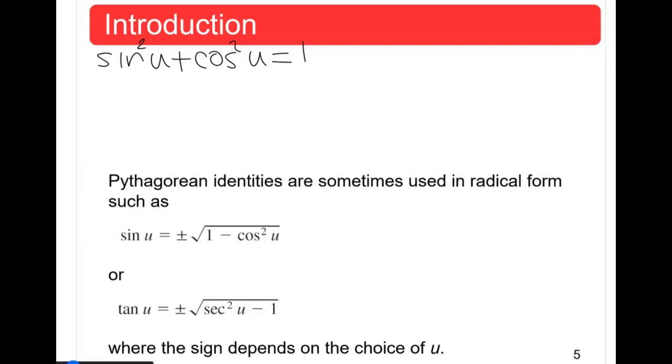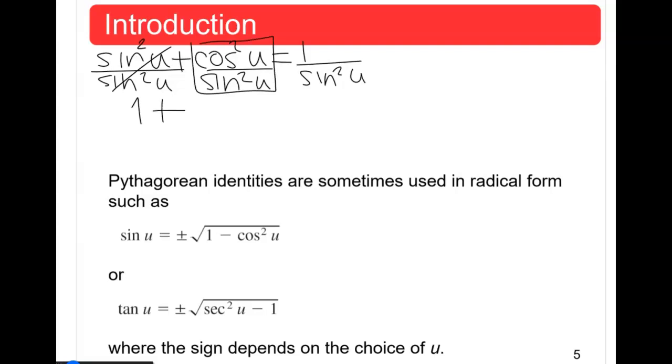And of course, if we divide everything by sine square of u, this one here will be a 1. Here, by using the quotient identity, it will be cotangent square of u. And here, by using the reciprocal identity, we will get cosecant square of u.